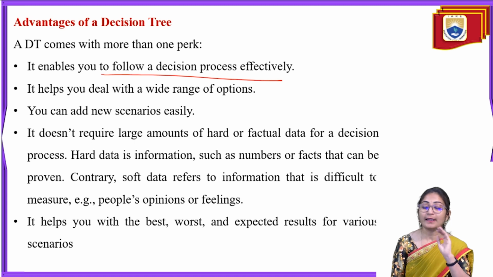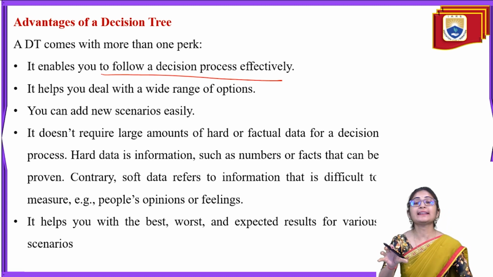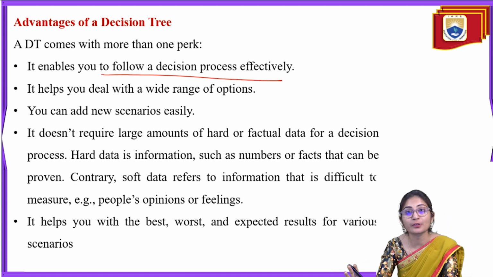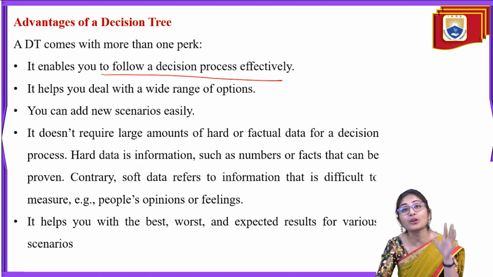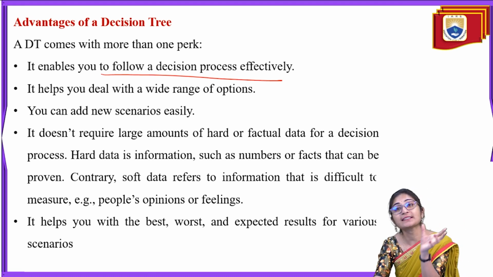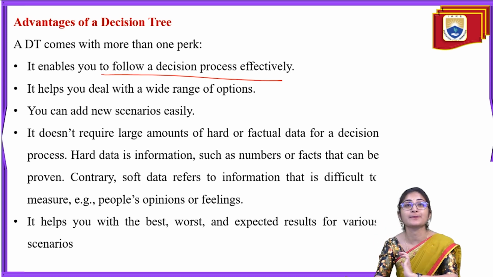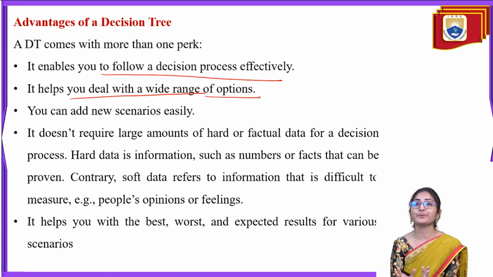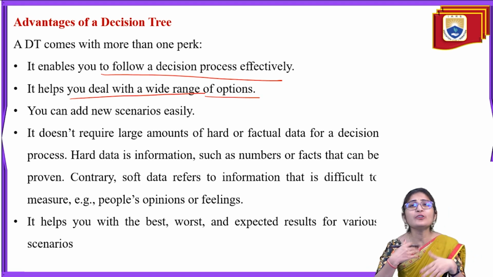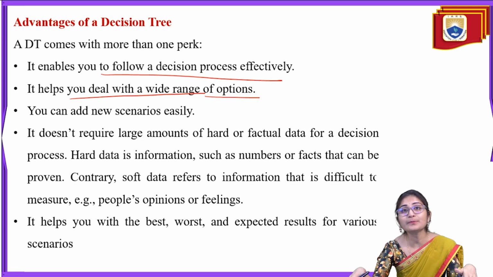You know that if you have kept any data in the form of a tree, then automatically you will get the information very effectively, and immediately you will know what data is available in that particular tree. Then it helps you deal with a wide range of options. Definitely, a decision tree will provide so many options. So on that basis, you can take any decision.